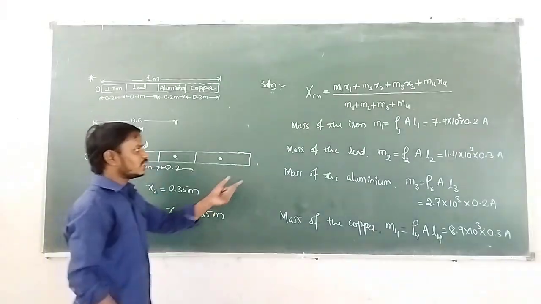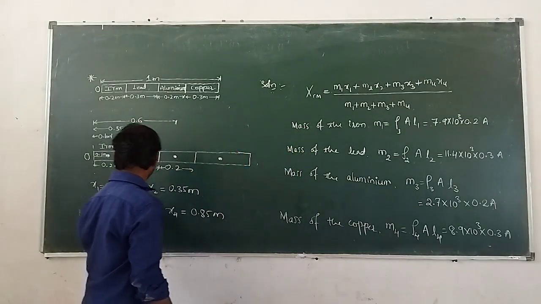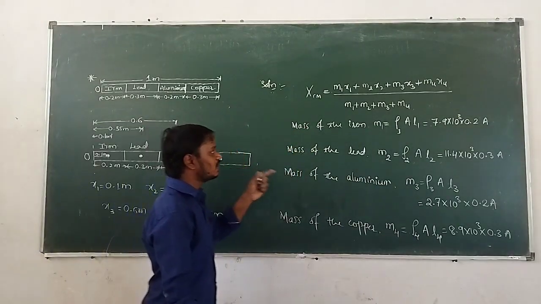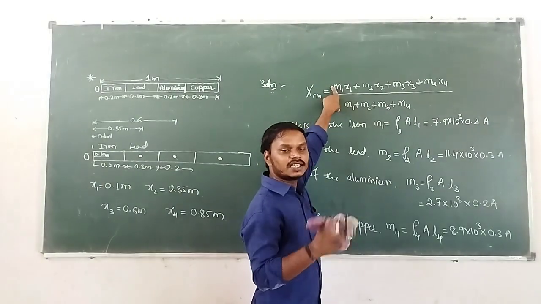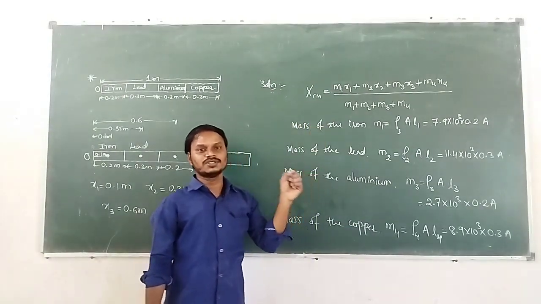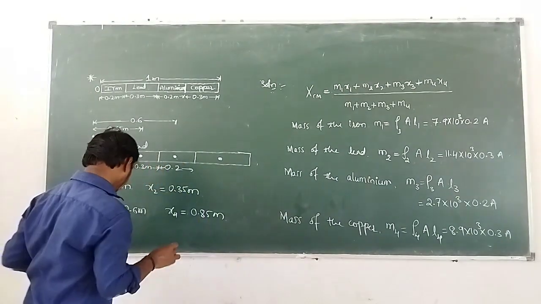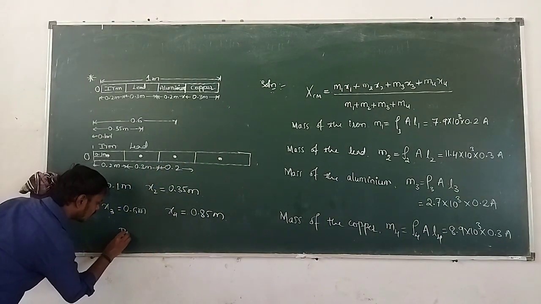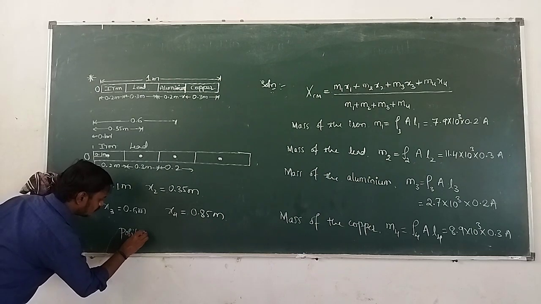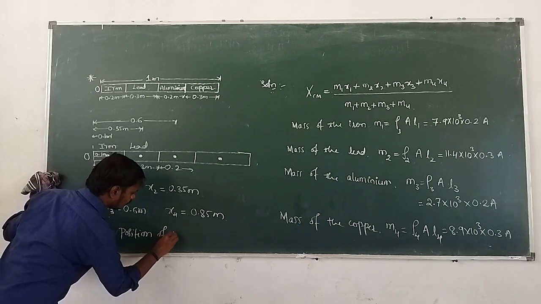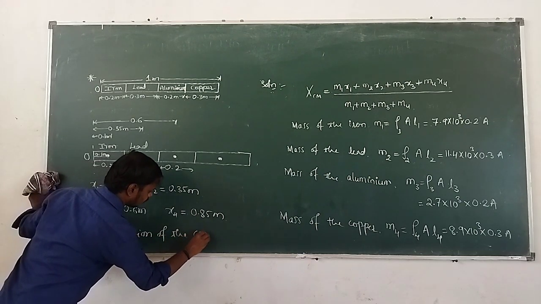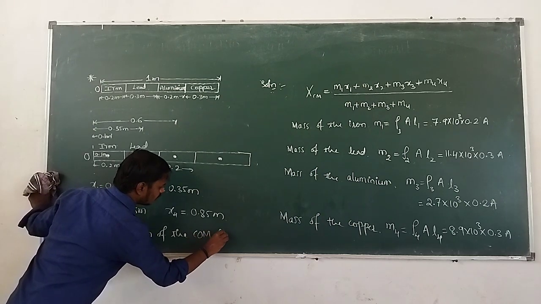And we got the masses and also we got the positions. Then substitute these values in this equation, we will get the answer, that is about 0.481 meter from the end O. And what is the position of the center of mass from the end O?